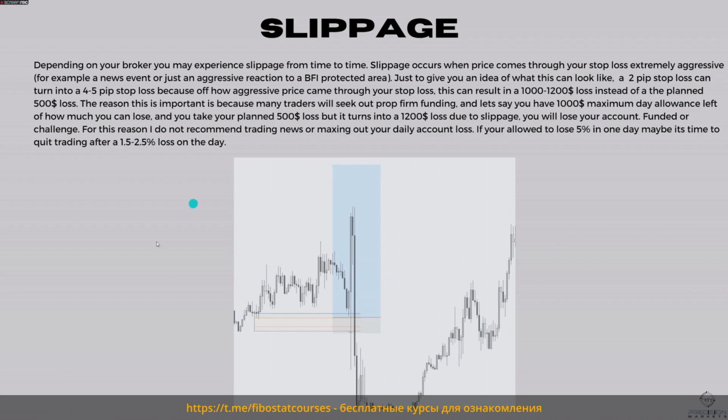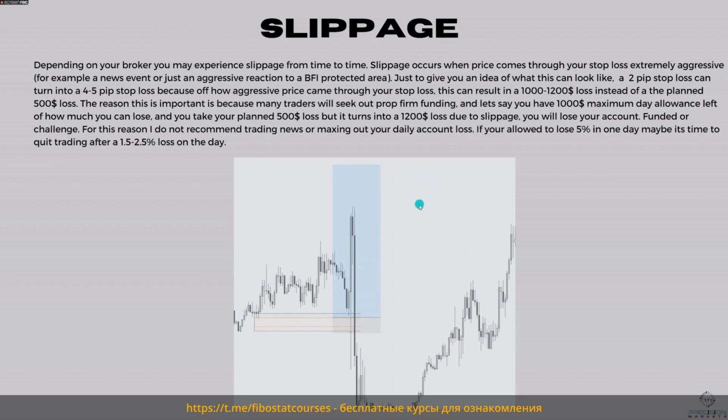The reason this is so important is prop firms often have maximum daily allowances for how much you can lose. So if you can lose $5,000 in one day, and let's say you've already lost $4,000, if you planned to lose $500 on this trade, but then the slippage was so bad that you lost $1,200, you'll actually lose your account, and you need to account for slippage.